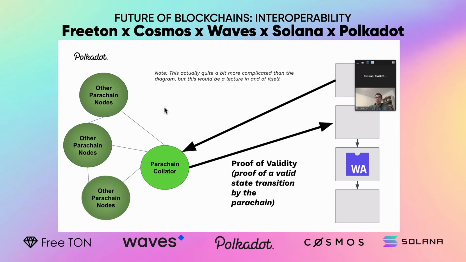So you can have your own chain that may have hundreds of nodes running on it, but as long as one of those is interacting with the relay chain and is honest, then even if there are many other dishonest collator nodes, you can be guaranteed that there are valid state transitions occurring here.